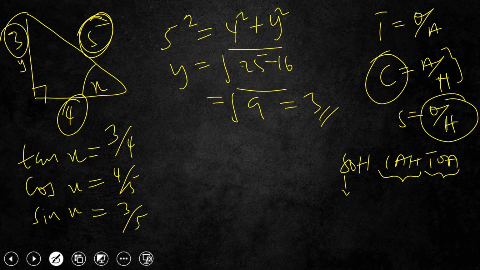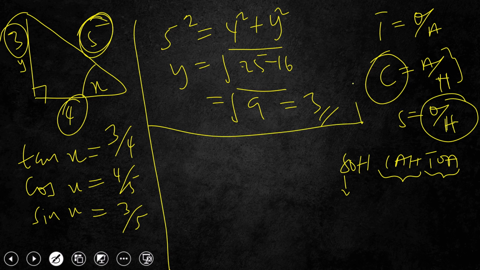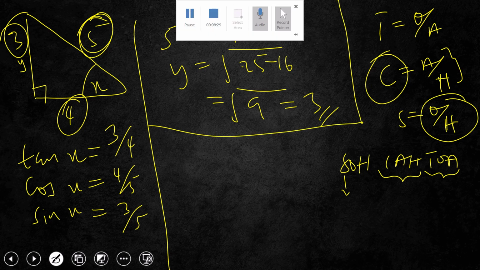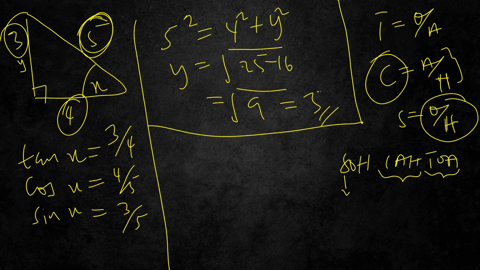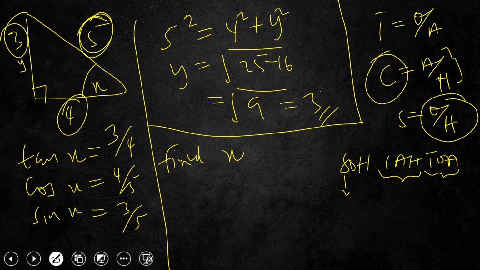Now with this, we can also be asked to find the angle. The x you see over there is an angle. Now to find x, we can use any of these trig functions, that is the tan, the cos, or the sine.